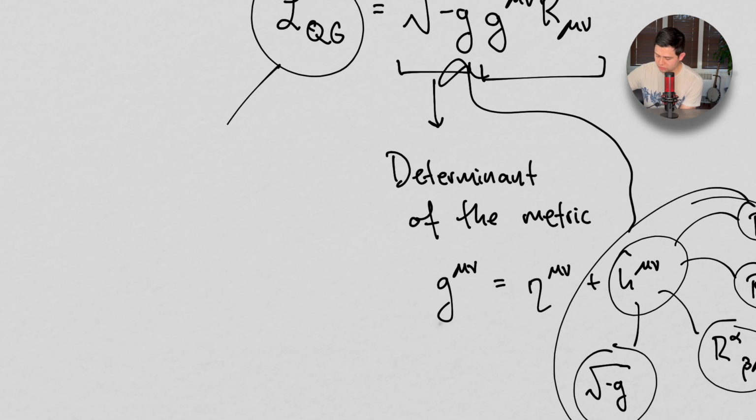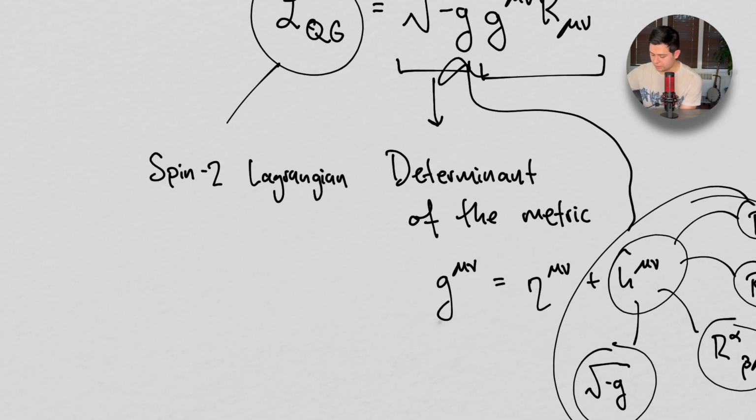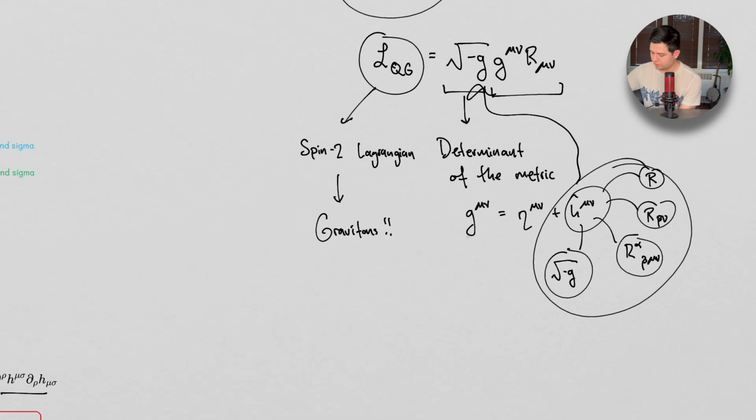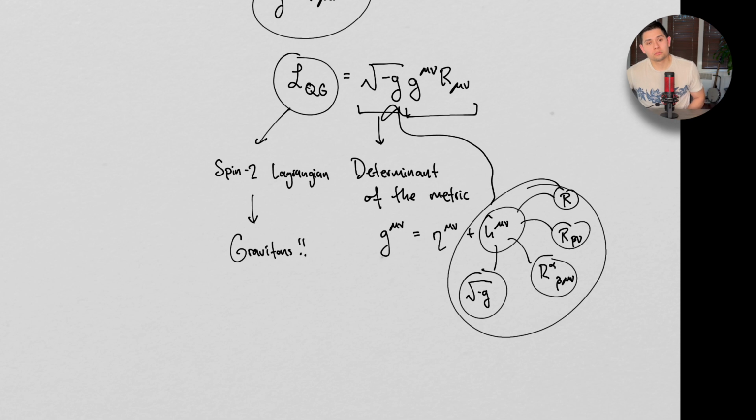It's going to look like a spin 2 Lagrangian, and when we get that, we're going to propose gravitons. Alright, so we're almost there. We're almost to the point of building this quantum gravity Lagrangian, and so hang tight.